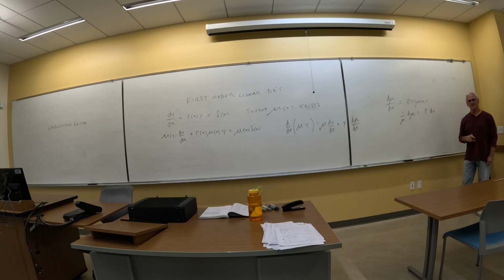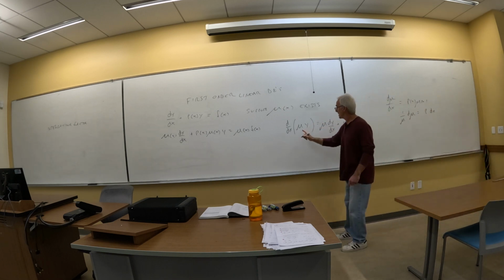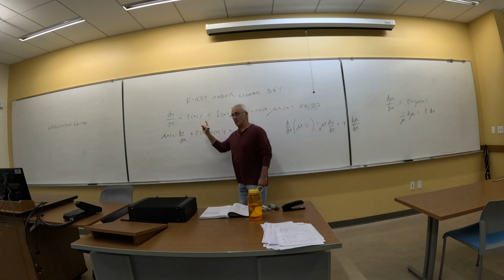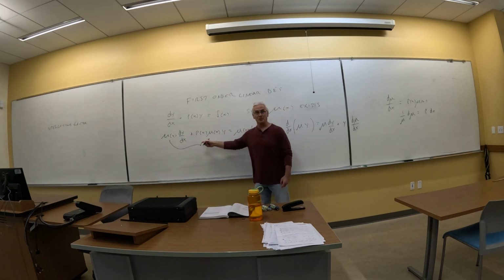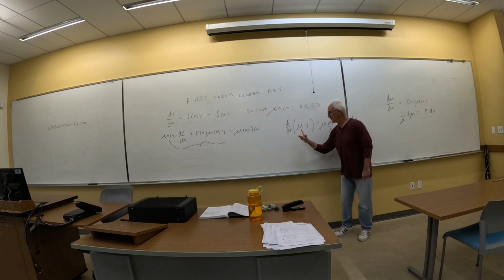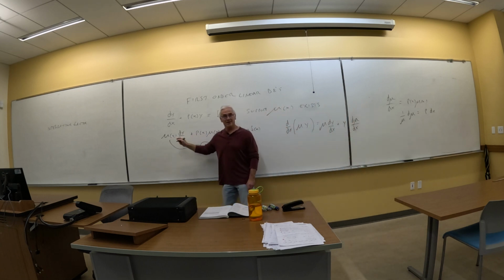Actually, where'd you get that statement from, that d mu over dx is equal to those two functions? I'm multiplying both sides by a mu. I say my goal is that this is the result of a product rule. Very specifically, what product rule? This one. The derivative of mu times y. First times derivative of second, sitting right there.